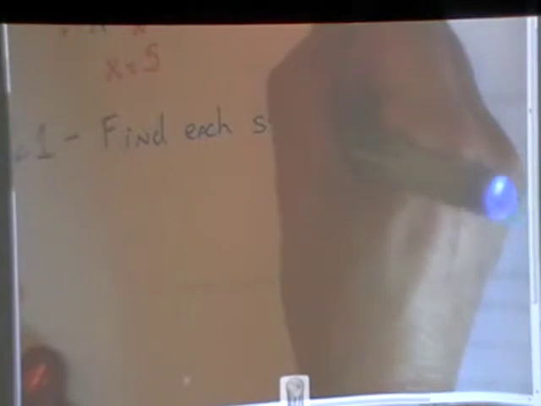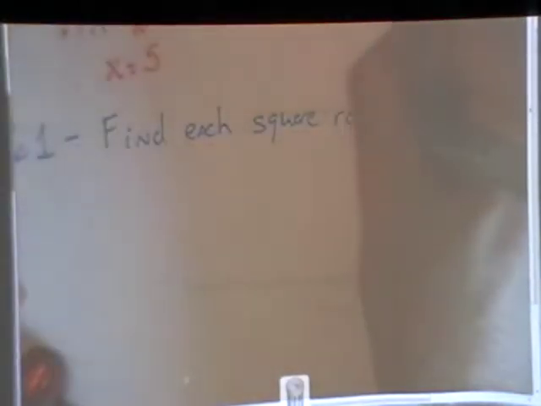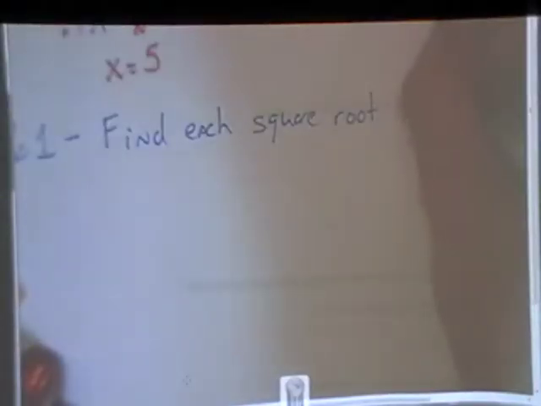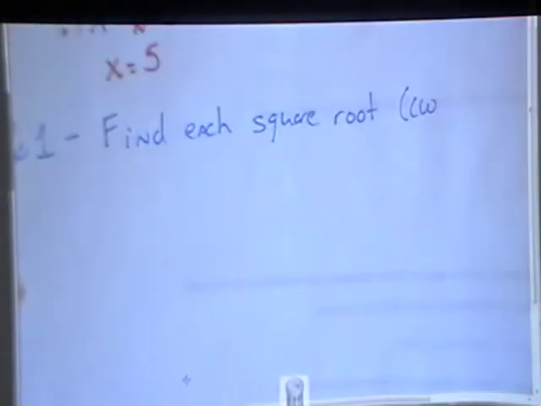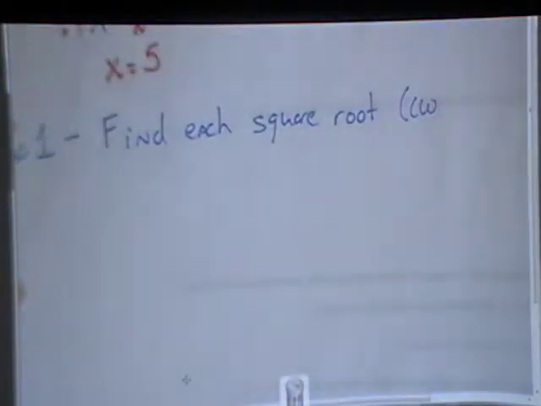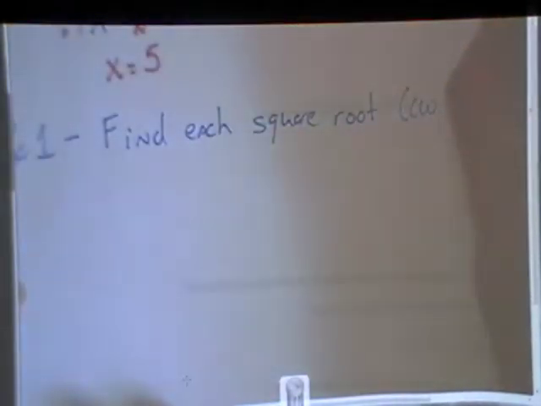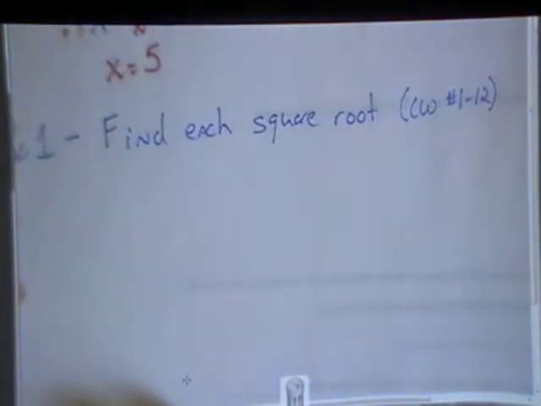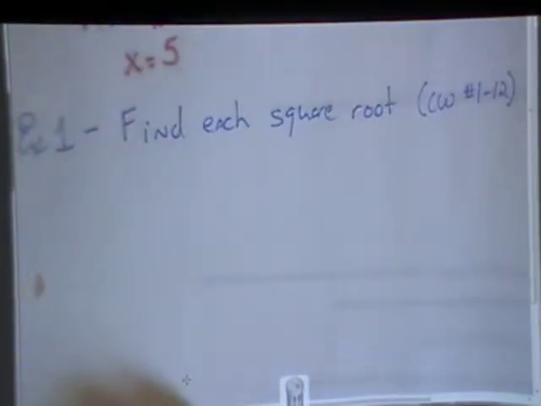Okay, so example 1. Find each square root. And this is going to match your classwork problems number 1 through 12. So if you get stuck on classwork, you now have an example as to where you need to go to find it. Okay?